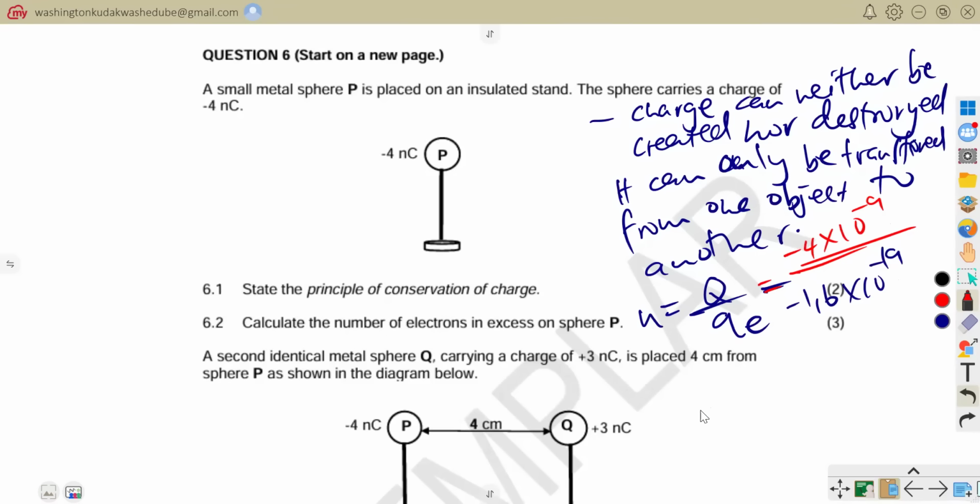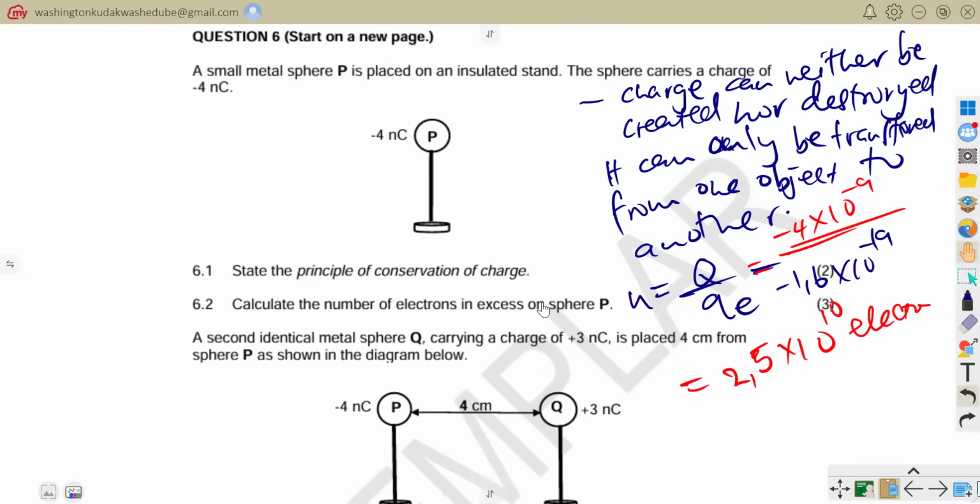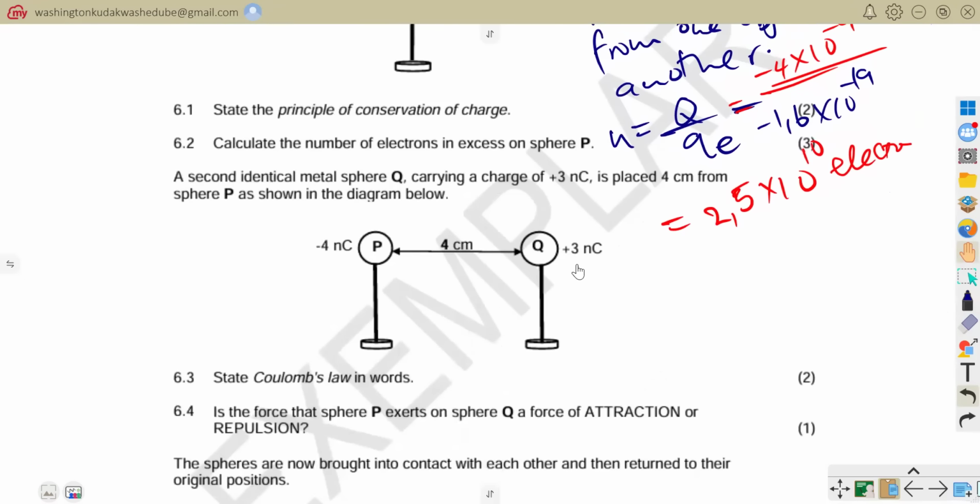So you divide these, and the number of electrons is equal to 2.5 times 10 to the power of 10 electrons. Those were the number of excess electrons. That is how you would have calculated that.